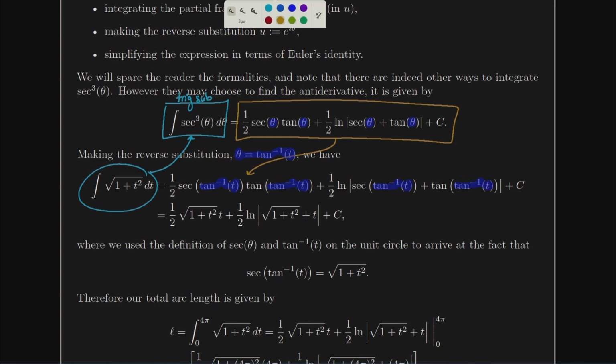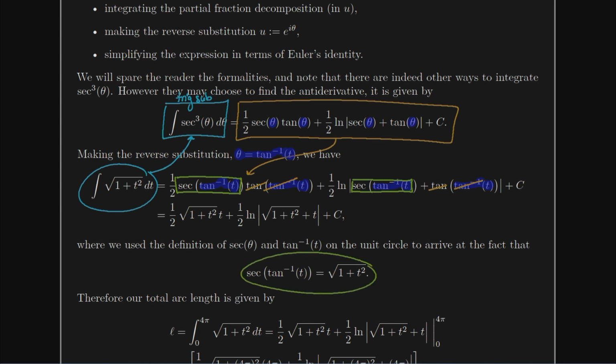Then when I plug in inverse tangent, well, I can cancel tangent of tangent inverse. Those are pretty easy. Secant of inverse tangent, I did go over all the way back in the trig subsection. So if you want to go back to the trig subsection, you can see that the simplification of secant of tangent inverse is the square root of 1 plus t squared. And so I've just replaced them with that in both of their cases.